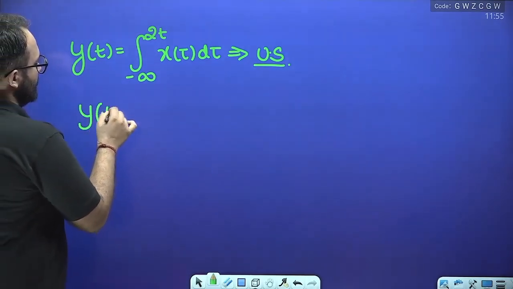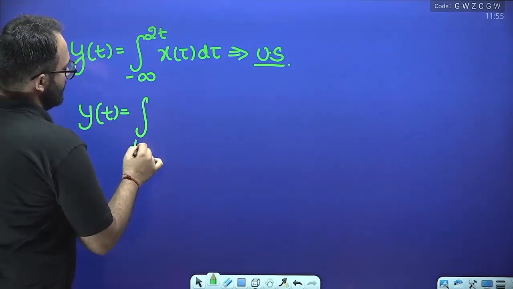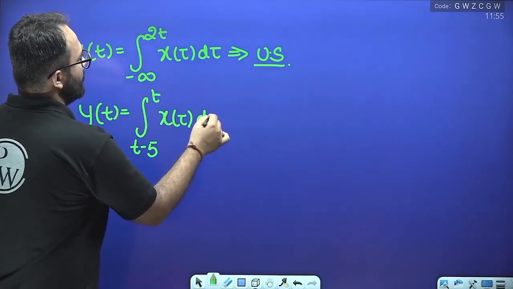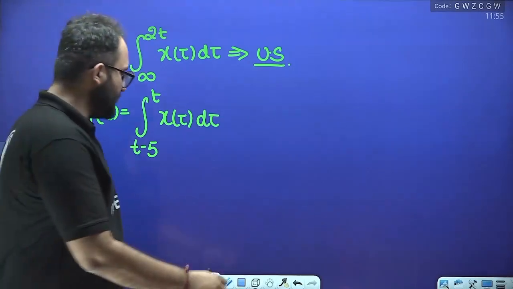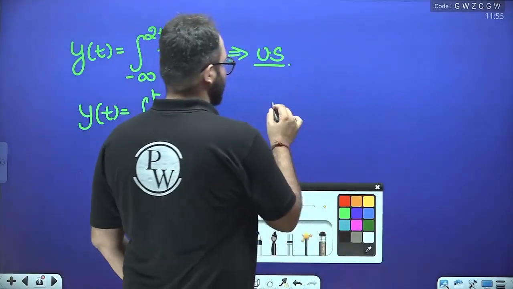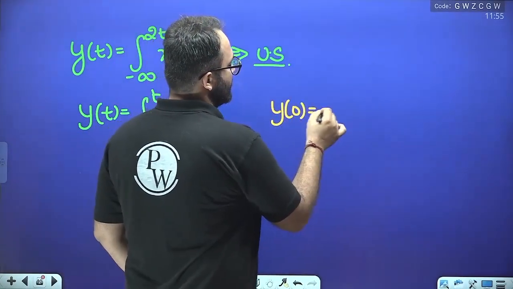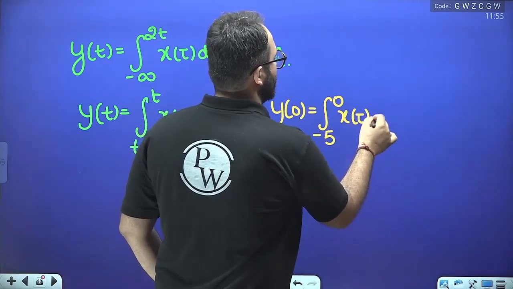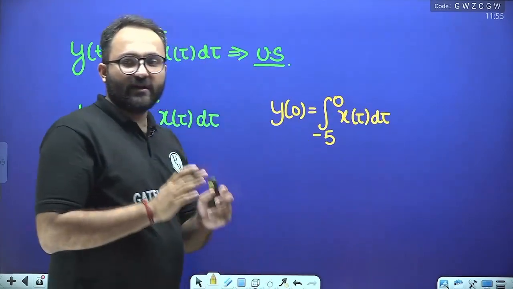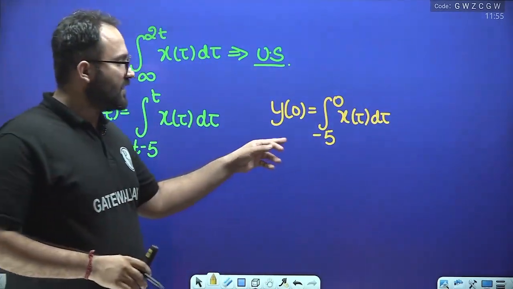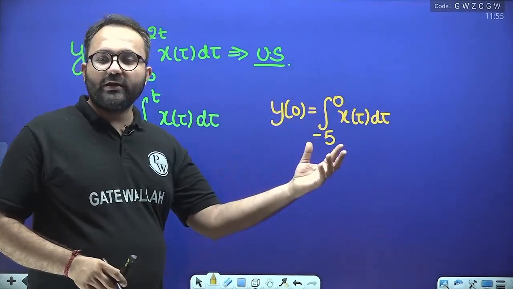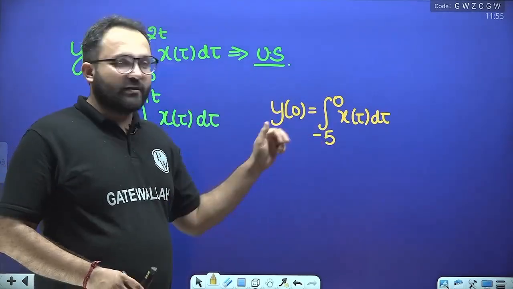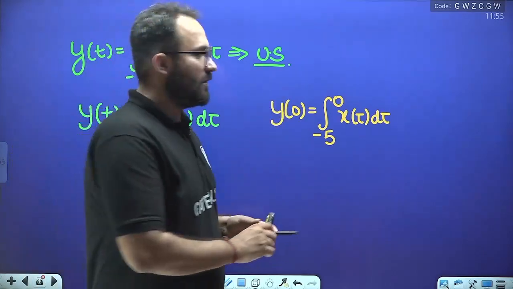Suppose we have y(t) = integral from t minus 5 to t of x(τ) dτ. Now, if you put any condition here, for example y(0), we are integrating from minus 5 to 0 of x(τ) dτ. So here we are integrating for only a limited duration, from minus 5 to 0 only. For a limited duration, we are integrating a bounded signal, so the output will always be bounded.